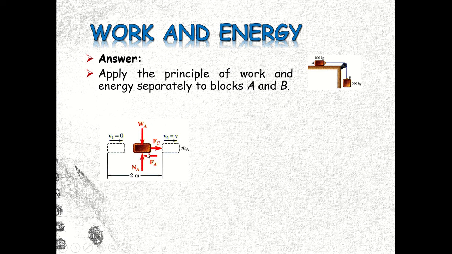Since there is friction, there is a force opposing the movement of block A going to the right, so this one is going to the left. And we have FC, the force that will pull block A due to the weight of block B. Okay, so after 2 meters, what will be the speed of block A?